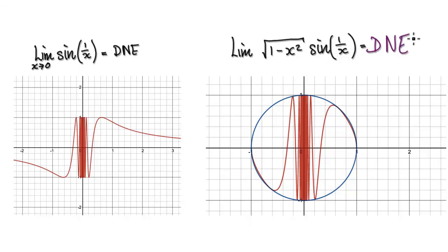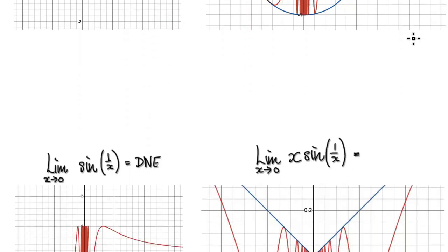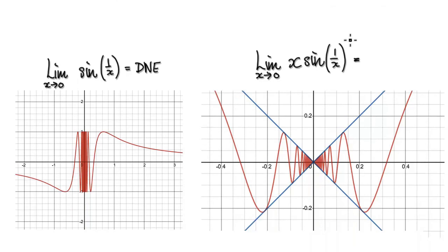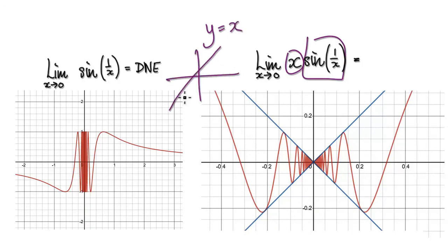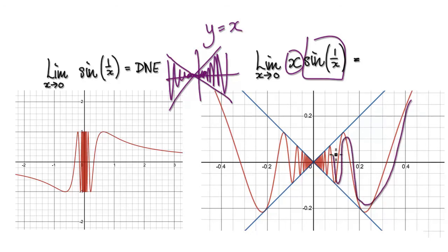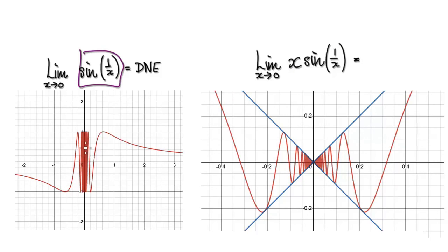So down here, let's combine sine 1 over x with this y equals x graph. So y equals x looks like this. If you consider the negative version, the sine graph will look like this, and then it squiggles a lot around here. So we can say that the limit does exist, even though this block here is undefined as you approach 0.